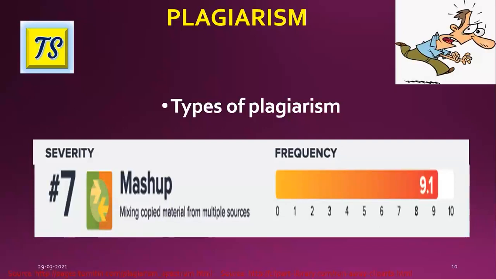We access them because whenever you type a keyword, it gives some relevant data. What you do is simply copy and paste it into your document, but there will be no proper authentication. This is referred to as a mashup. This one is close when compared to the clone type. Both show almost the same range, above 8, the 9.1 frequency. That is what researchers nowadays do.